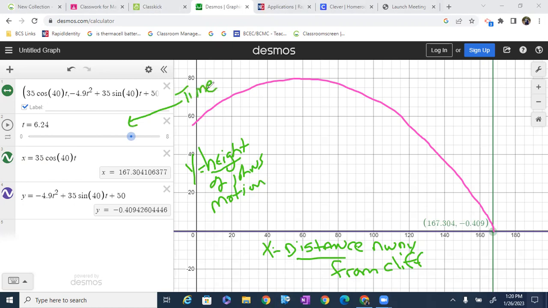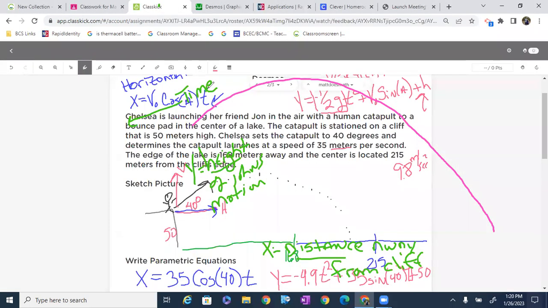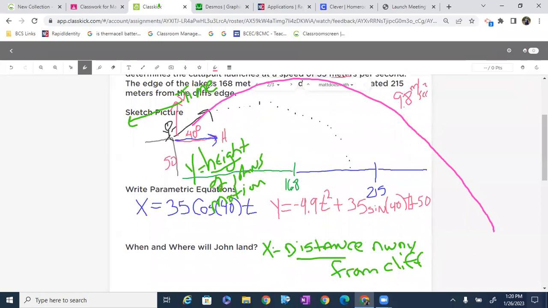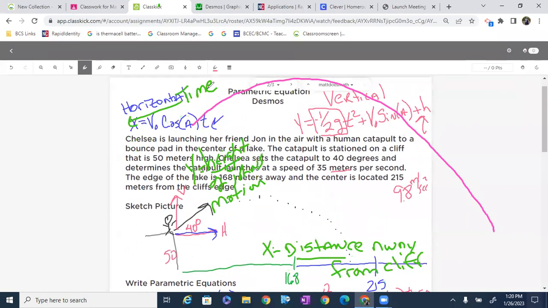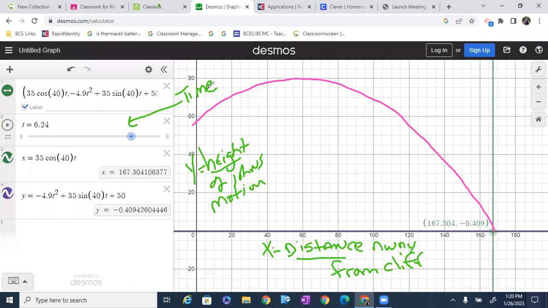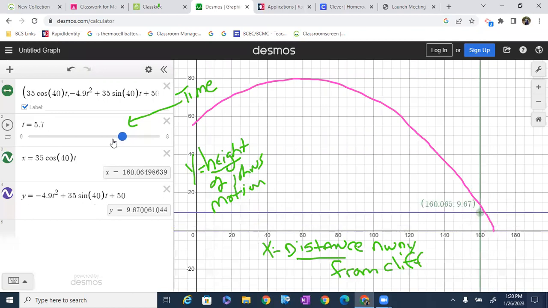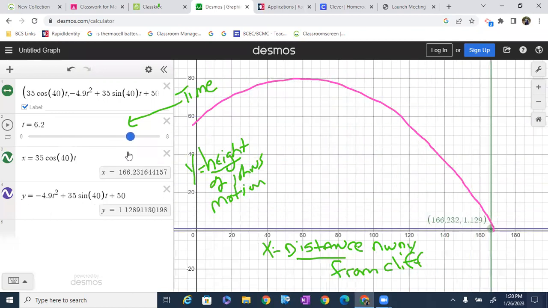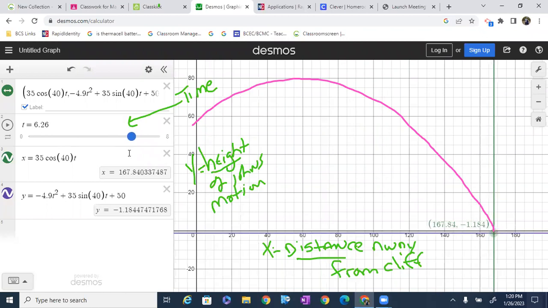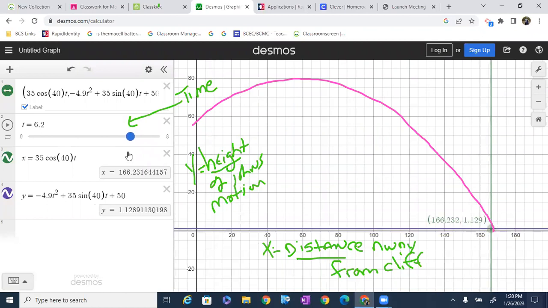Okay, so when we're looking at this first question here, it's going to simply say, okay, well, let's get down here. When and where will John land? We're making an approximation right now. So when and where will he land? Well, if I trace this out, right, John comes down, and it looks like he lands right about here.